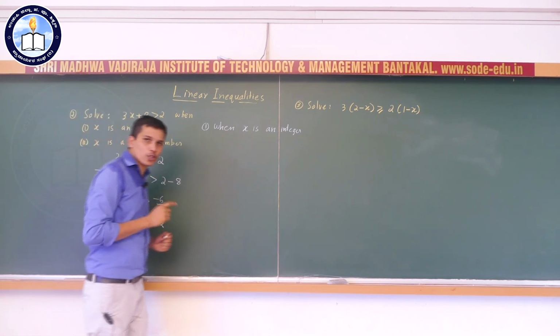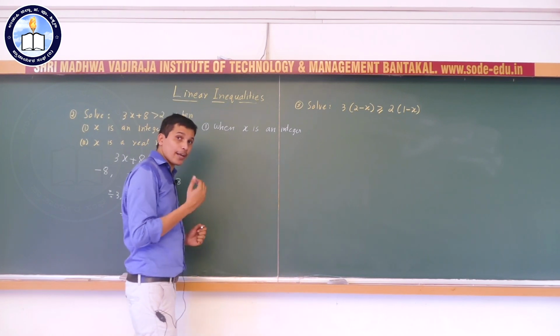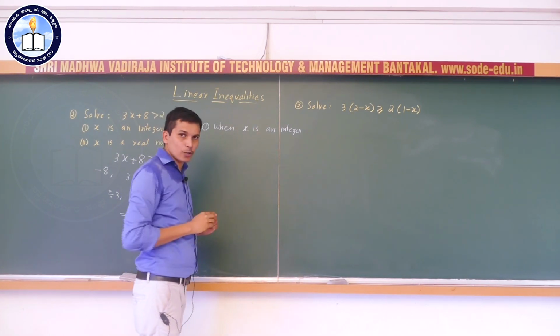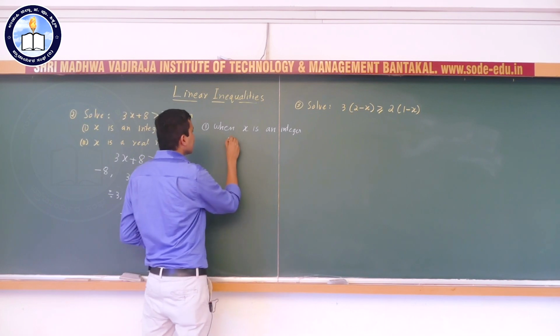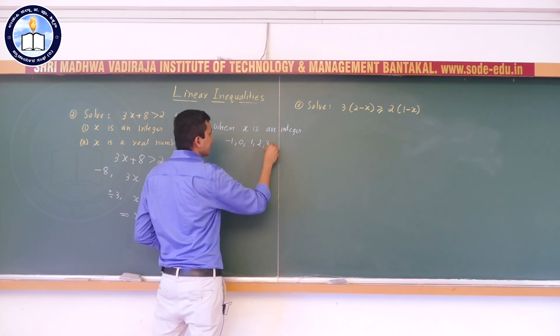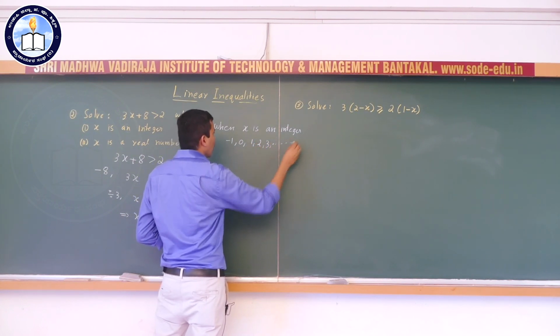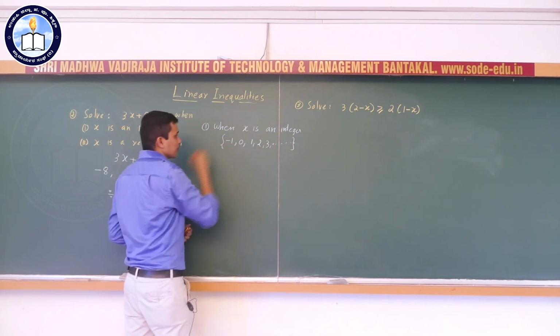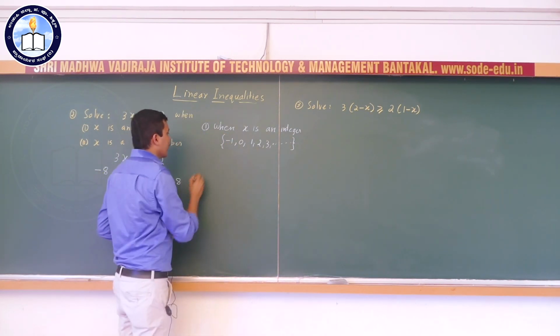Can I start with minus 2? No, right? So which side do I need to move? Greater than, the right side I need to move, right? So which are those integers? It is minus 1, then 0, then 1, 2, 3, greater than minus 2, right? So this kind of solution set comes for the first question.